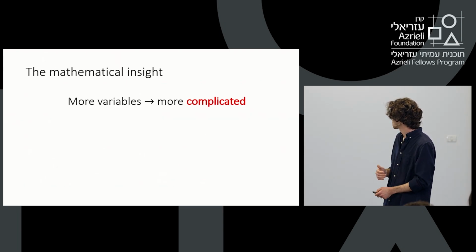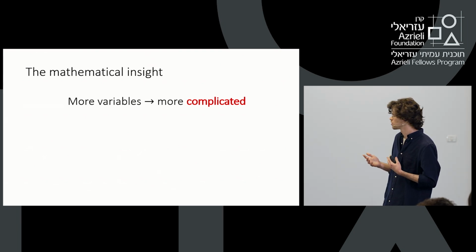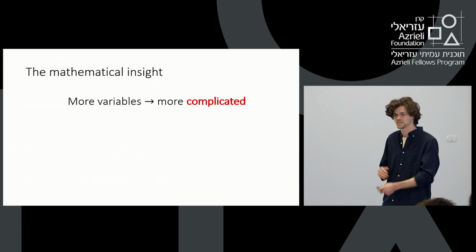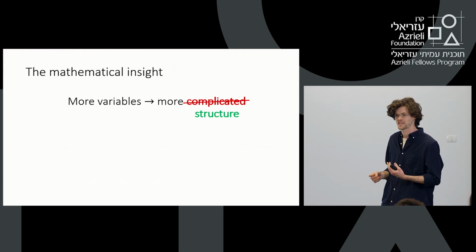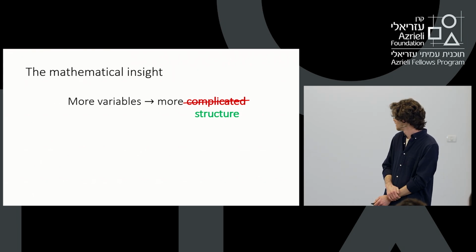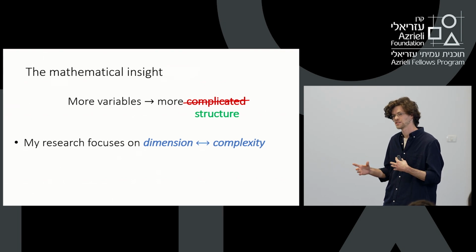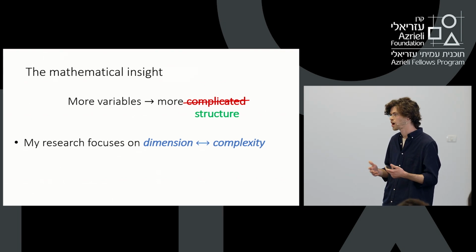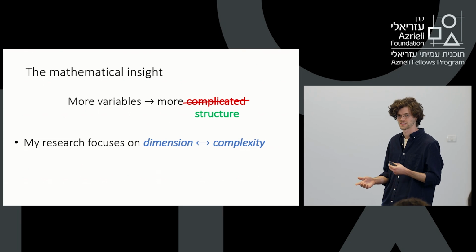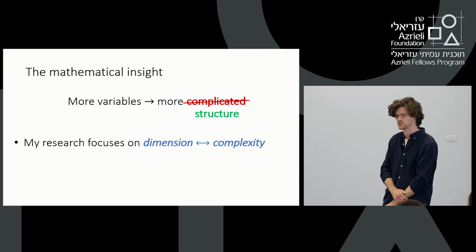So in my research, I want to show that although it may seem that more variables lead to more complicated situations, it is also true that more variables mean there's more structure to utilize. In particular, I focus a lot on the interplay between the dimension of different learning tasks and how complicated they are to learn in terms of statistical complexity and computational complexity.